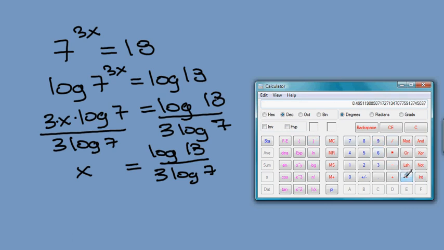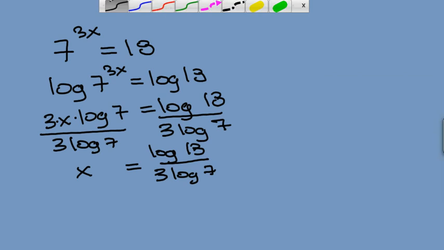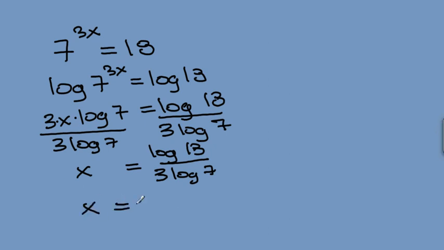So our final answer is actually x equals 0.495, and it's actually approximately 0.495. It's hard to define because of all the decimal places we have here.